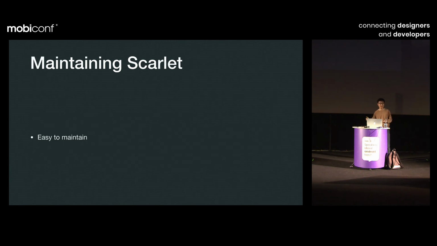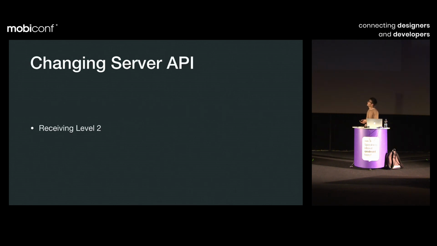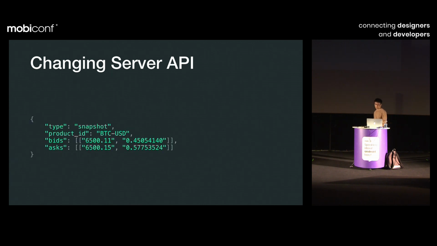So once set up, you'll be amazed how easy it is to maintain Scarlet. Let's say we want to start receiving level 2 from GDAX. A level 2 is a piece of data that provides insights into trading.